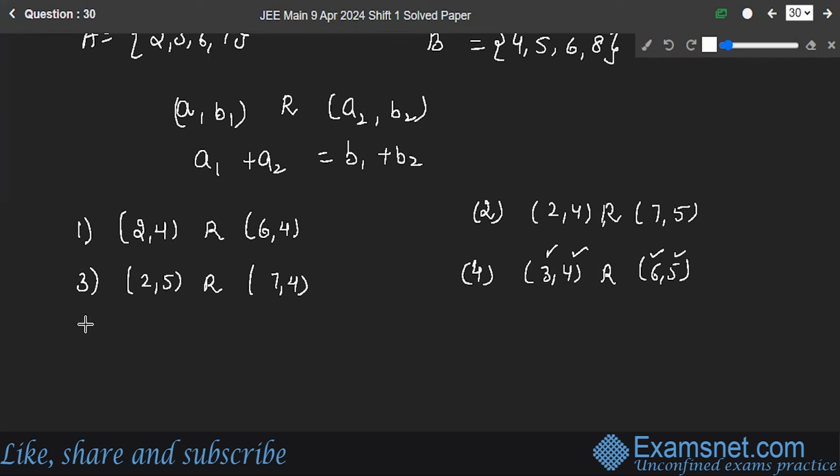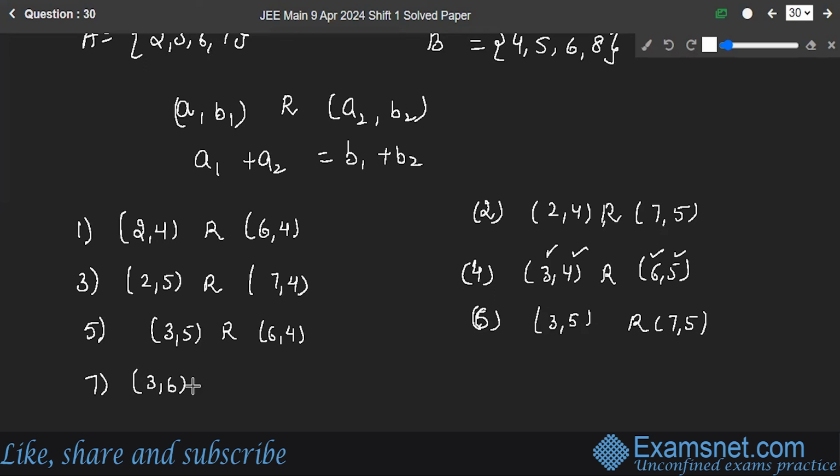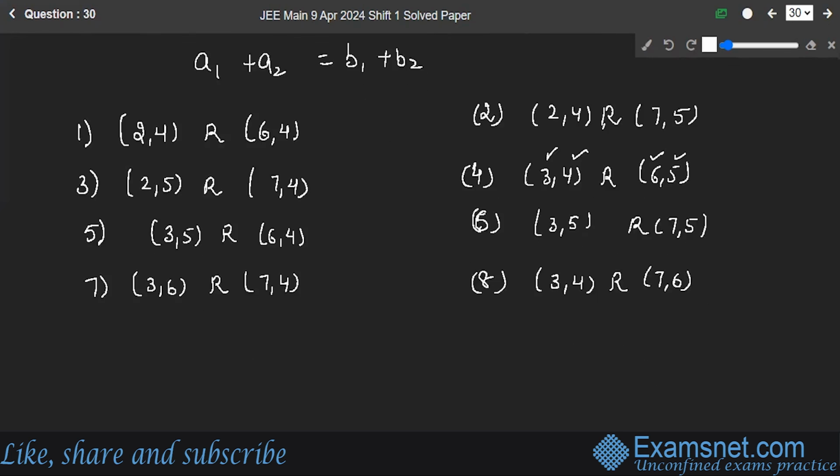Now the fifth one is (3, 5) and (6, 4). Then you have (3, 5) and (7, 5). Then this is the sixth one. The seventh one is (3, 6), (7, 4), (3, 4), (7, 6).